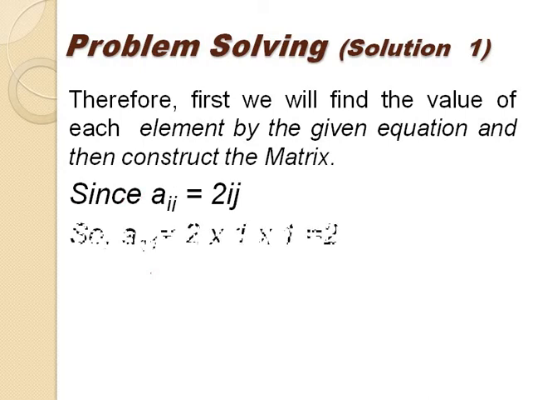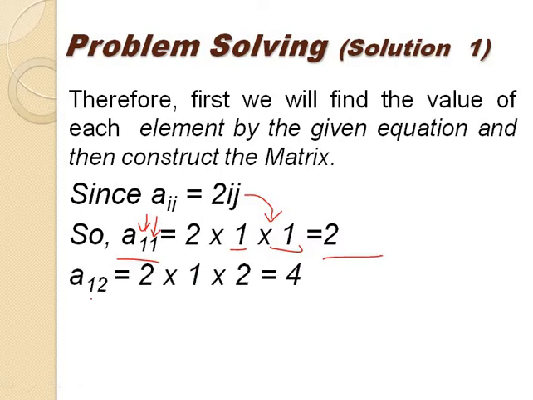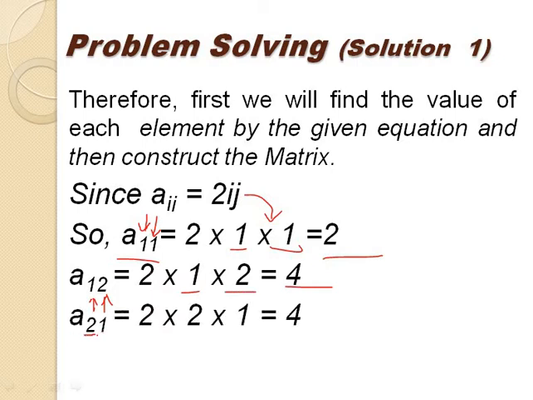Since aij is equal to 2ij, here you can see a11. In place of i we are using 1 and j is 1. Placing these in this particular equation we get 2. Similarly for the second element, i is equal to 1 and j is equal to 2, we get 4. Again, second row, first element, i is 2, j is 1.